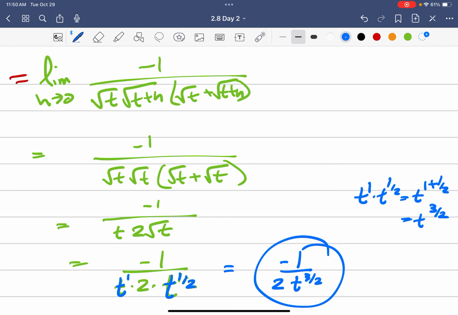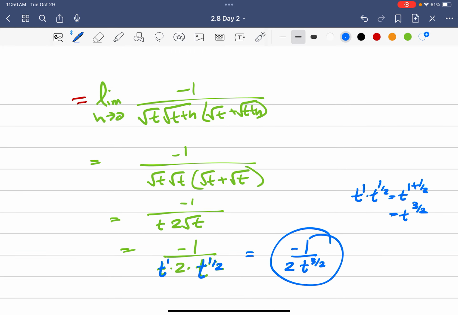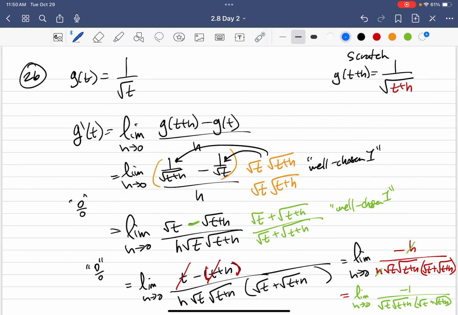Cool. So just to be careful, let's go back and look at our original. It asked what was the domain of this thing. I think you can see that t needs to be greater than or equal to 0 because of square root of a negative, right?